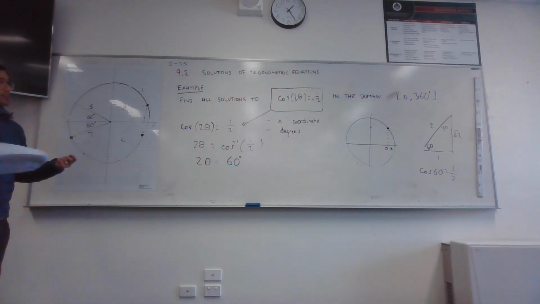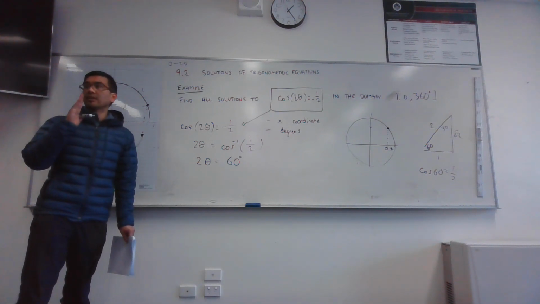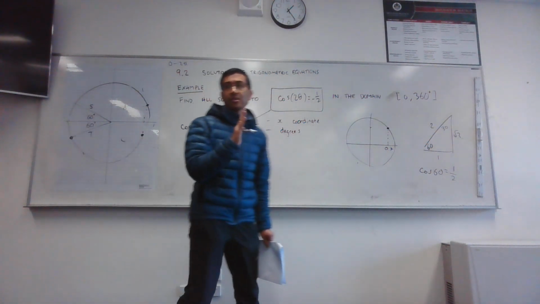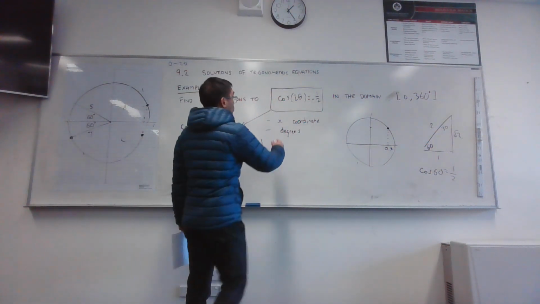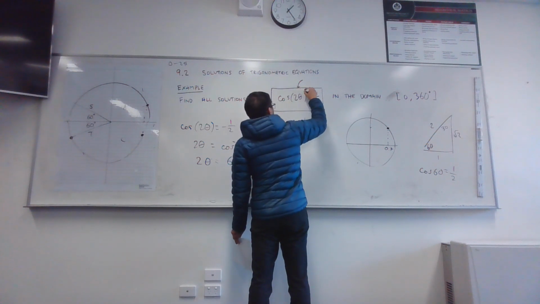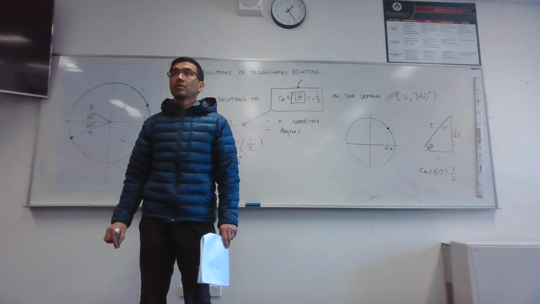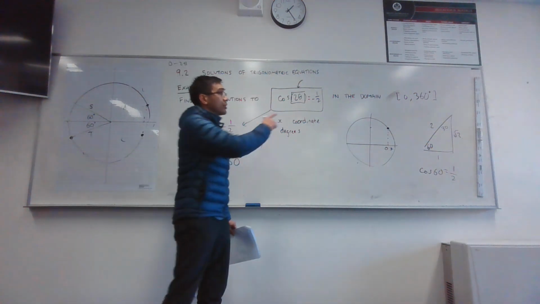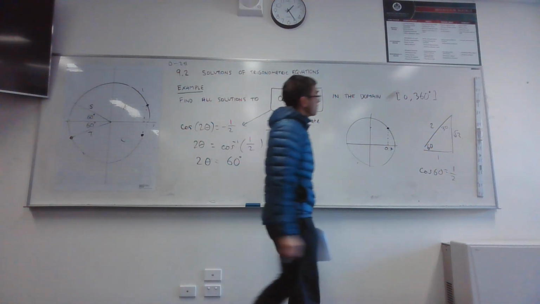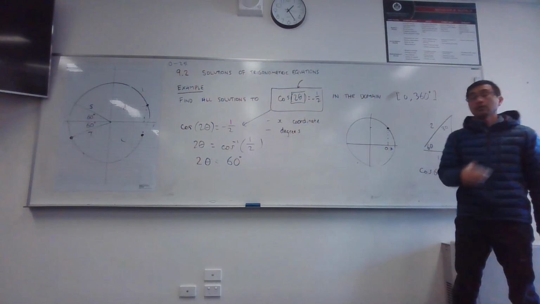Now, this is something you've got to be really careful with. This is a really common mistake. Once you see something multiplied by the angle in here, does anyone know what that means? We have to do with the domain. We increase it by 2, by twice.